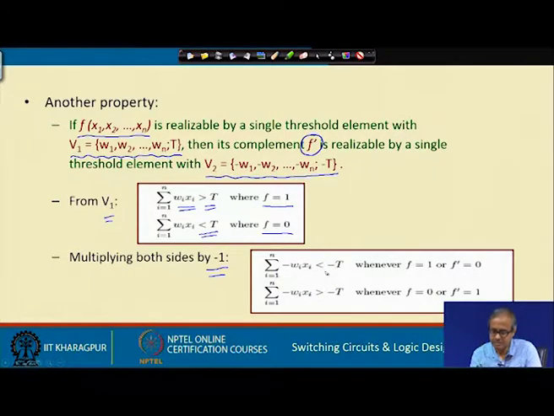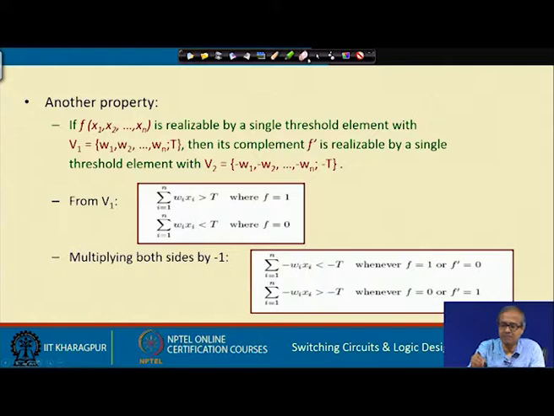So if you make the weights and threshold negative, the inequality gets reversed. In the earlier case f was 1, now it is becoming 0; earlier it was 0, now it is becoming 1. So it is actually the complement function.